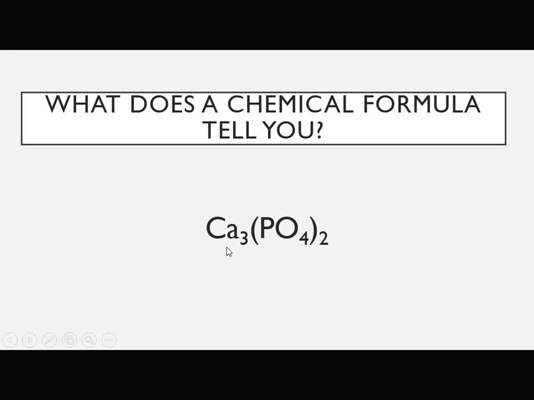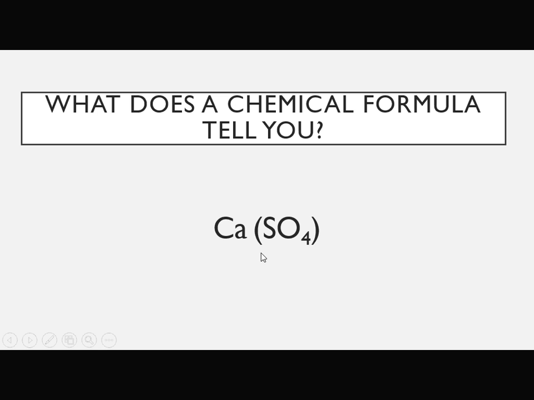So if I'm looking at each one individually, I have 3 calciums, I have 2 phosphates, and I have 8 oxygens. Okay? So those parentheses tell me that I am doubling. If there's no subscript behind an element, that means it is 1.